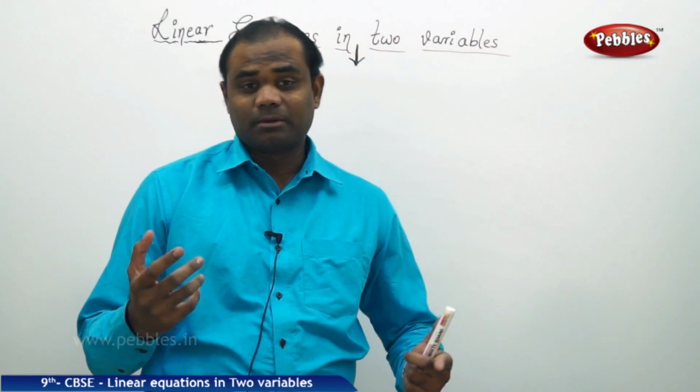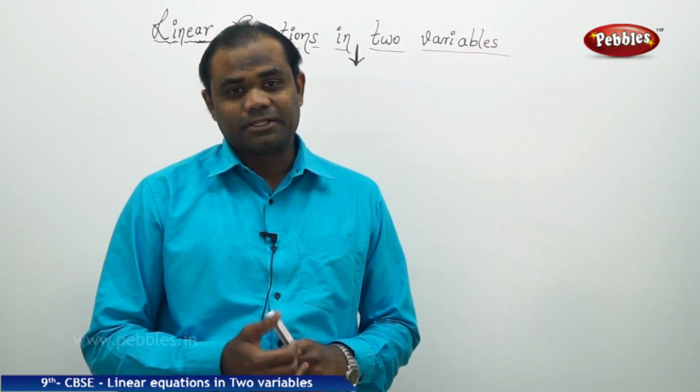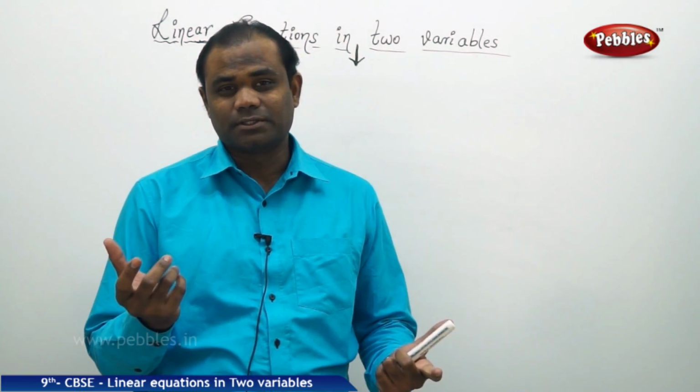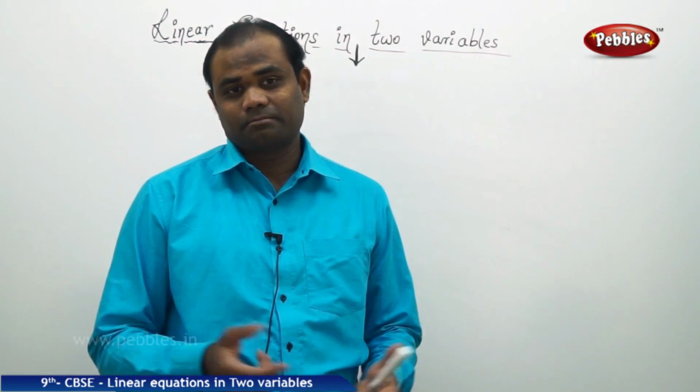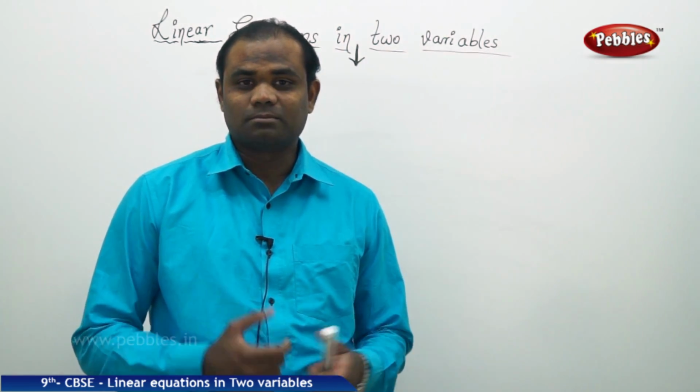Now let's take an example problem where the given expression is not equated to 0 and justify if that is a linear equation in two variables x and y. So let's take an example problem to understand the concept more strongly.